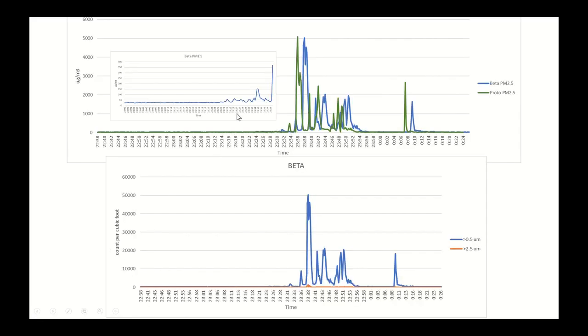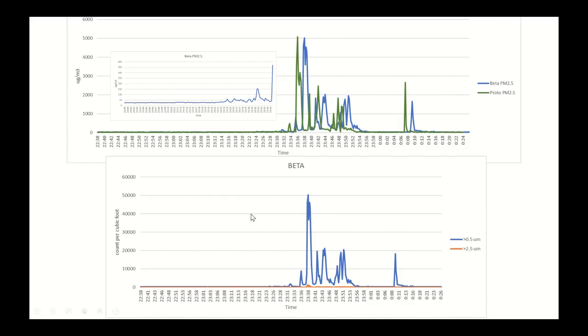So let's go back here, and this is the particle counting of the beta Dylos. It gives you two bins, counts per cubic foot of particles over 0.5 and over 2.5, which is the orange. So as we look through the entirety of the experiment, the vast majority of particles detected are over 0.5. So what does that tell you?